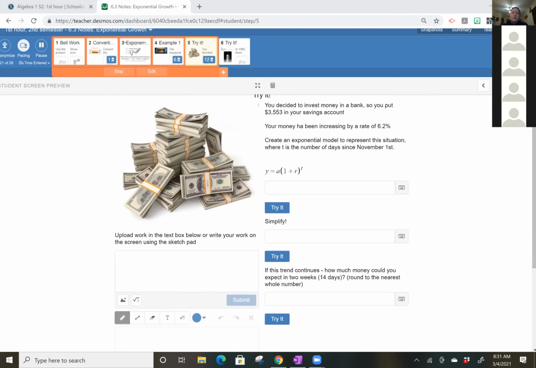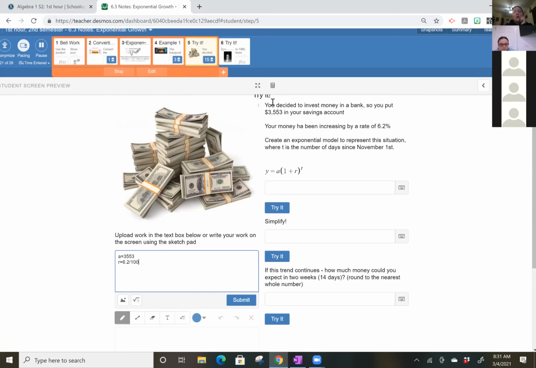Okay, the first thing we do is identify what is the A value. 3,553. Okay, cool. The R value, what do we have to do to the 6.2? Divide by 100. Thank you.